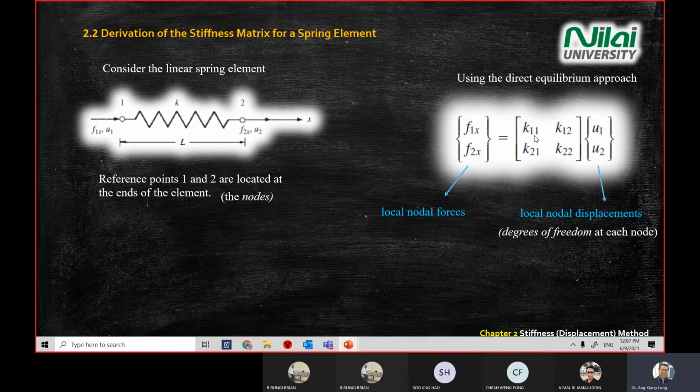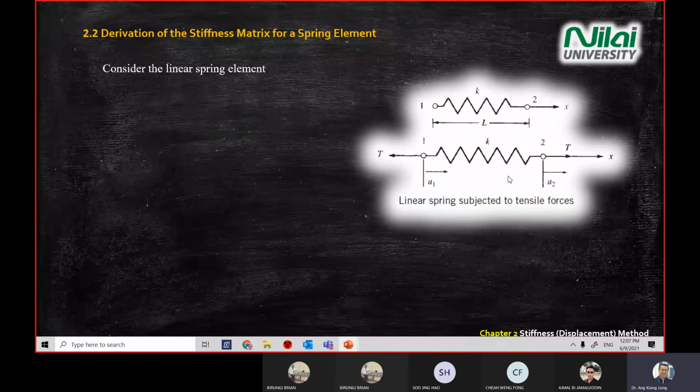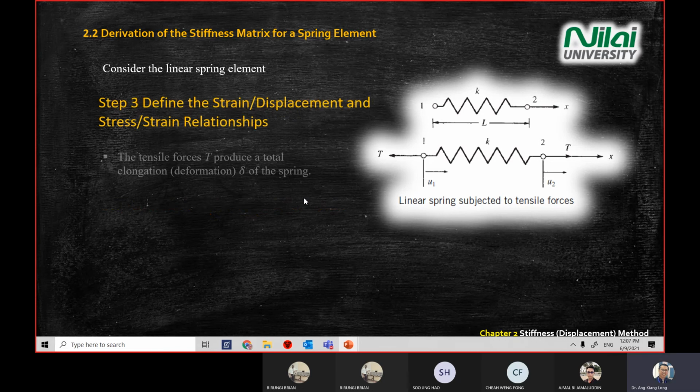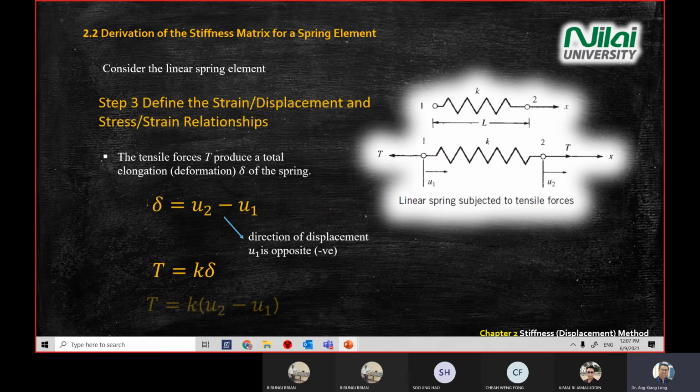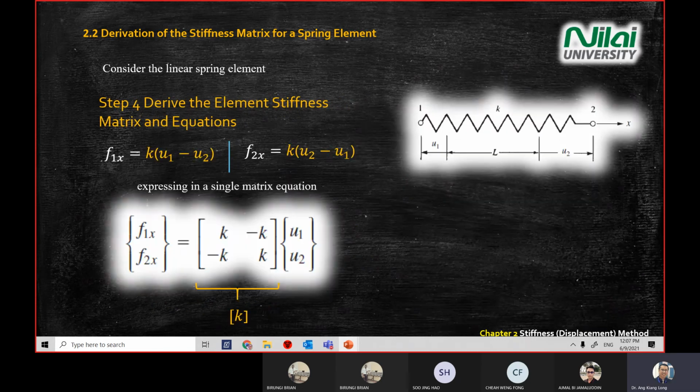So for a normal case, if you have a tensile loading, you're pulling at both ends, you will be arriving at this matrix form: F1x, F2x on the left hand side, and your K matrix will be K, minus K, minus K and K, and U1 and U2.